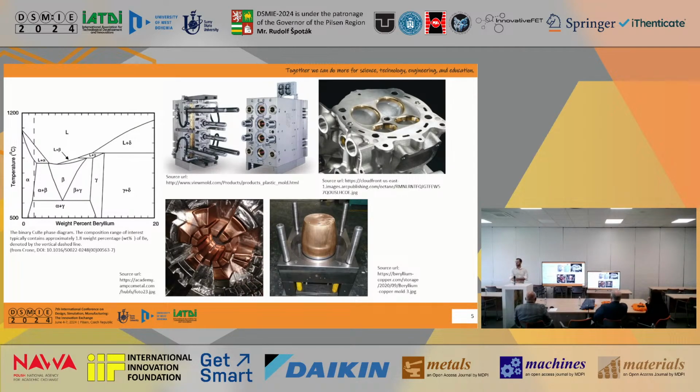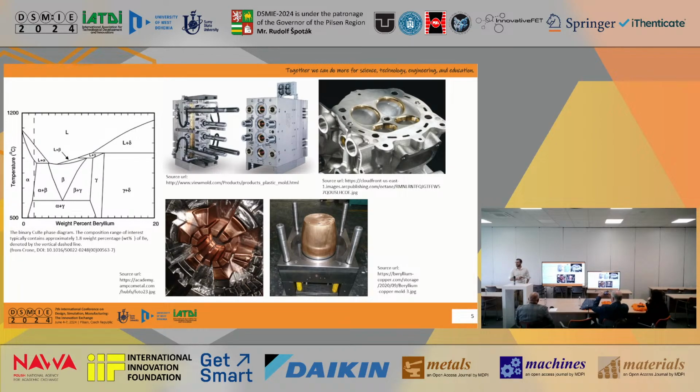So, for the introduction, copper beryllium alloys are very used in injection molding industry. Here we have some examples of molds. Typically, because of their high surface hardness and high chemical resistance, alloys are for molding inserts, and that allows to shorten the cycle period of the injection.